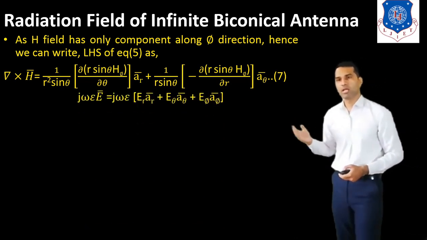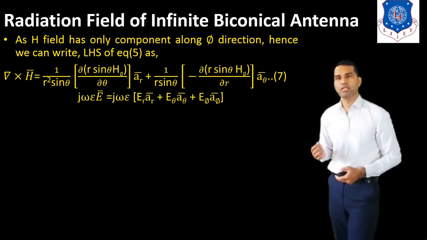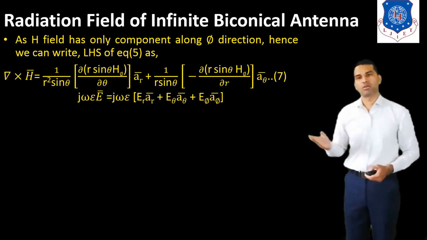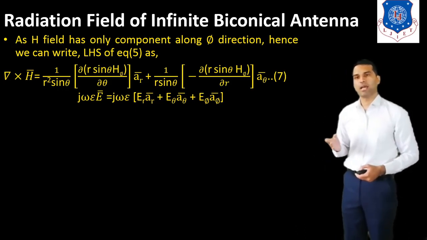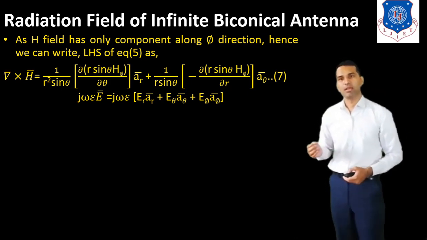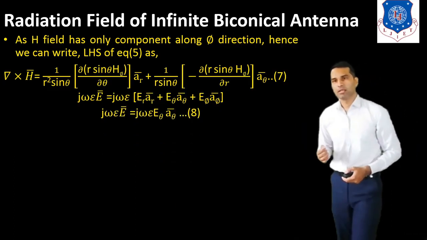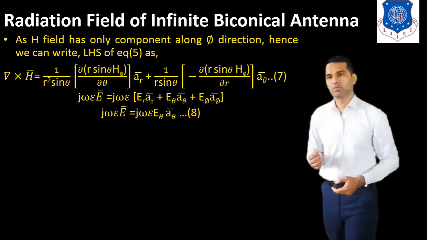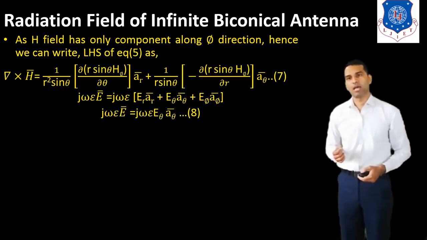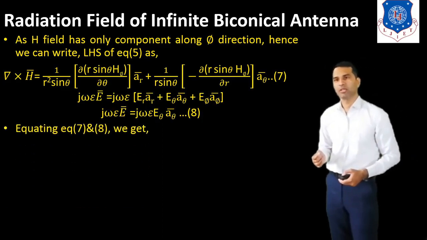We can also write the electric field term as j omega epsilon E is equal to j omega epsilon times (E r a r plus E theta a theta plus E phi a phi). And we know that this has only the theta term, so we can write j omega epsilon E is equal to j omega epsilon E theta a theta.